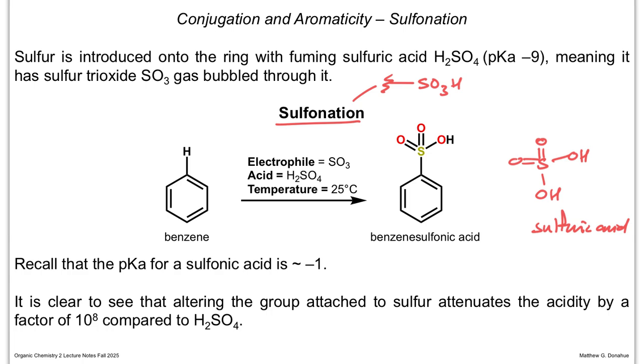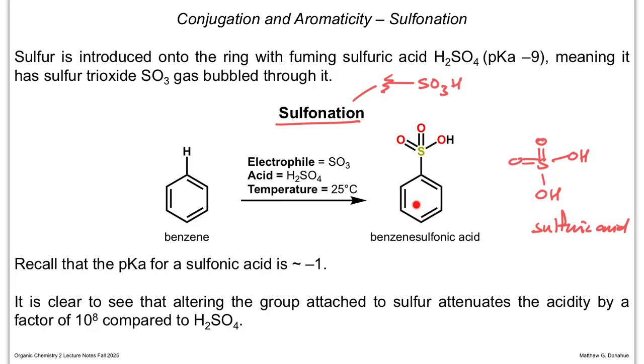It's a pretty strong acid. The sulfonic acid is just an organic derivative. We've substituted an OH group, and then we've put this organic group on there. So sulfonic acids in organic chemistry are used for many purposes. They have a weaker pKa value. They're a little bit less acidic.